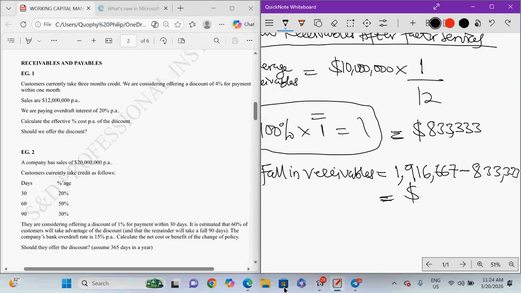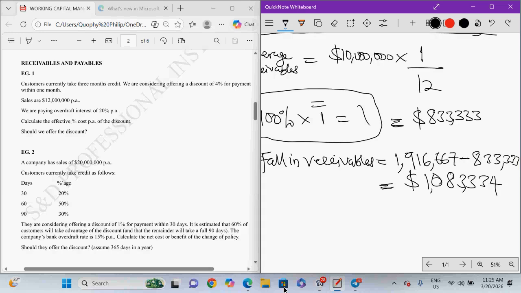All right. So what's the difference? 1,083,334. 333. How many threes? 1,083,334. So that will be about 1 million, right? So there's a sharp fall in the receivables.